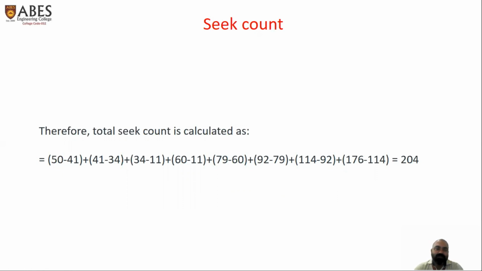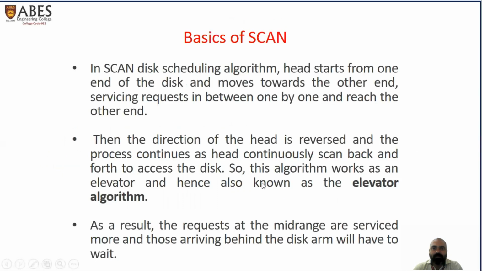This is the displacement from the current position to the next position, and we add all the displacements. So the total seek count will be 204 for the SSTF scheduling algorithm for this request.